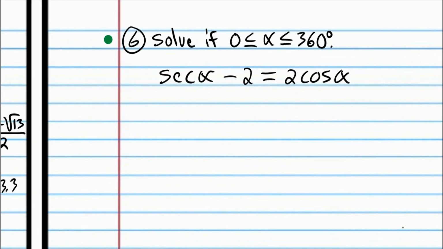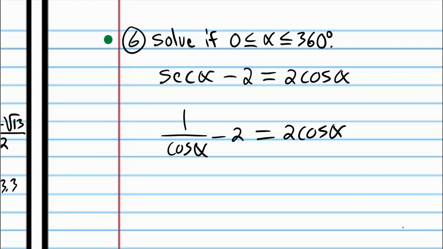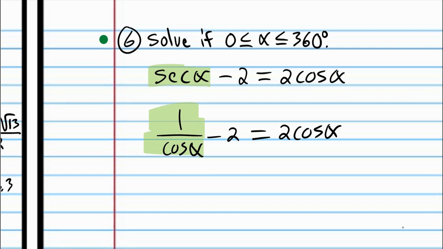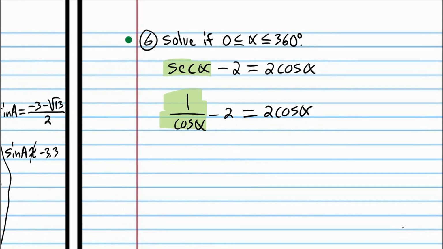So I'm going to change secant to 1 over cosine alpha. So we used a reciprocal identity. And then I'm going to multiply both sides of the equation by cosine alpha.